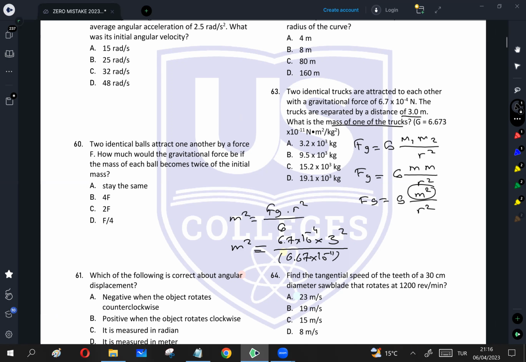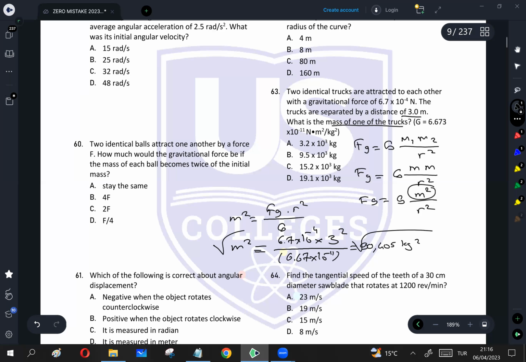The answer is about 90,405 kilogram squared, but we should take the root, because this is m squared. Taking the root, m is equal to 300, 9,508 kilogram. So 9.5 times 10 to the power of 3 kilogram is the correct answer.